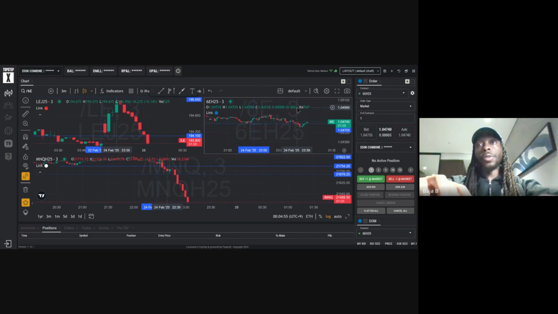Euro dollar just broke daily lows. But because it's been choppy, I don't even want to touch it. It's been real choppy. I'm going to leave that alone, the euro dollar.